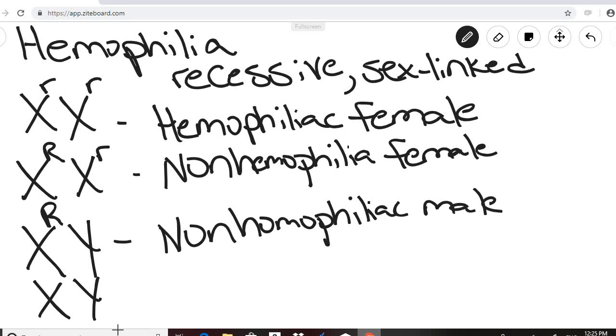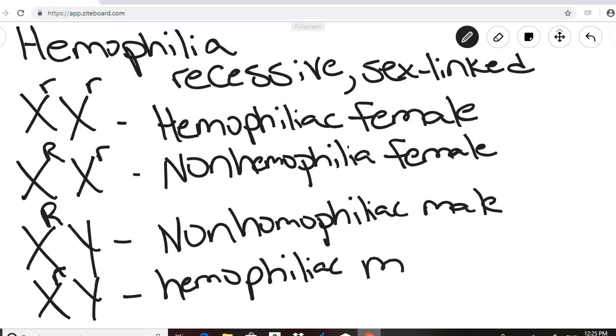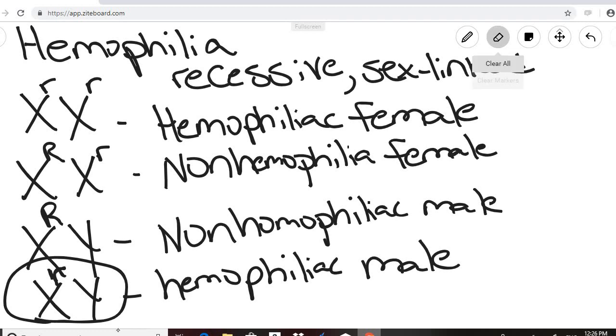And this would be a hemophiliac male, because since it's a sex-linked trait, you only need to have 1 of those on the X chromosome for it to be expressed. So even though this male has only 1 of the recessive genes, since it's a sex-linked trait, that's all you need.